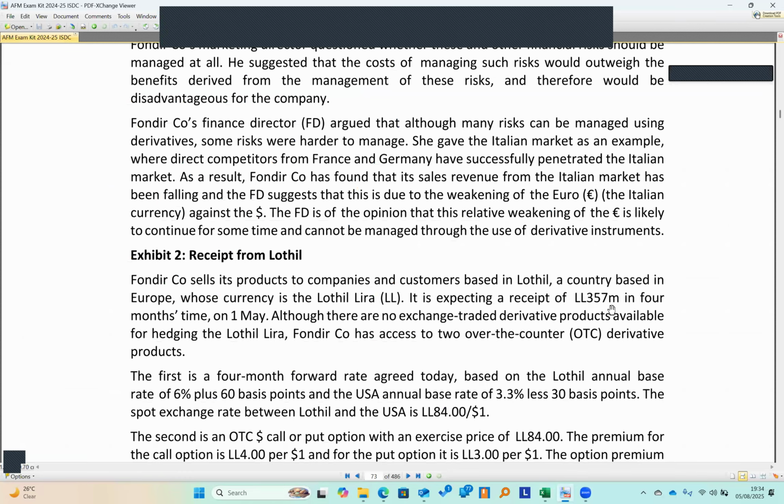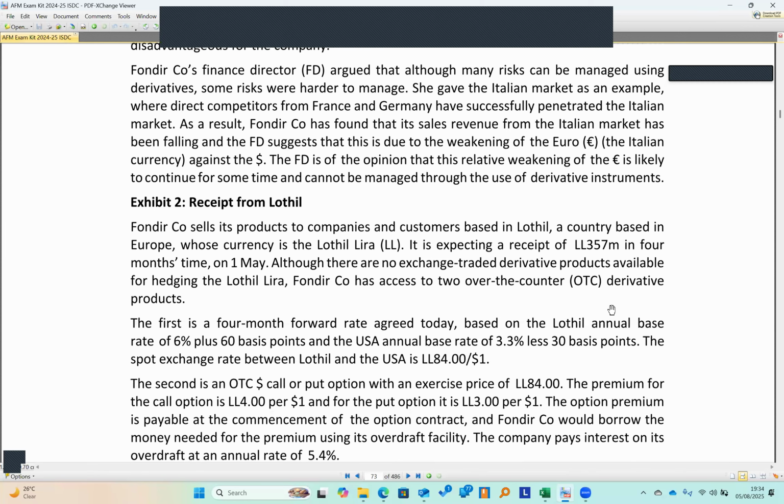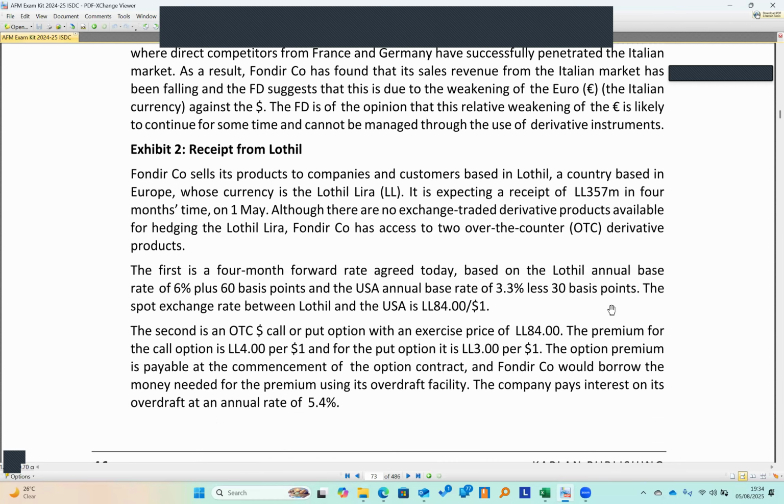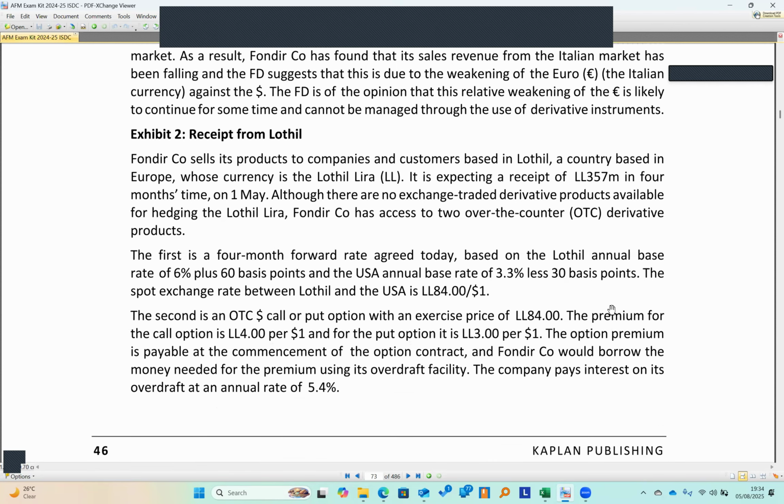Now, we need to determine what rate to use. With the over-the-counter forward rate, basically they are going to just give you a rate that you use in future. But here they have not given it to us.